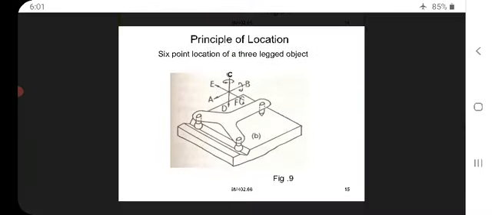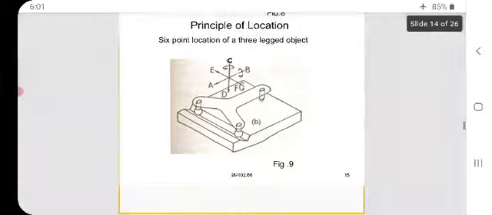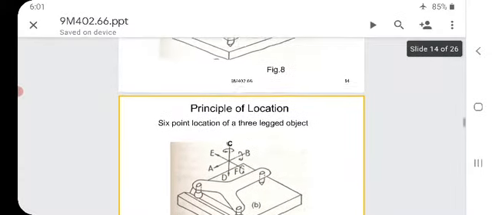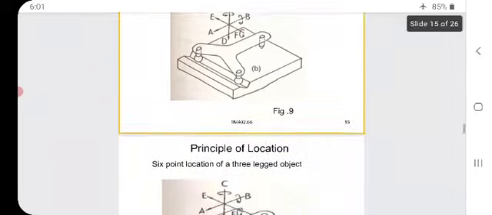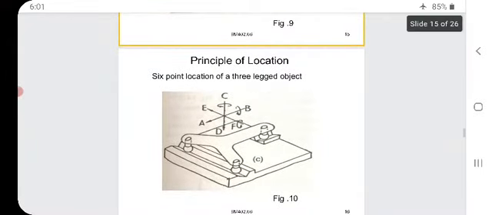This is also the same figure. Between the top figure and the bottom figure, the only change is that here you are seeing the V-type edge, and here also you are seeing the V-type edge on both sides.